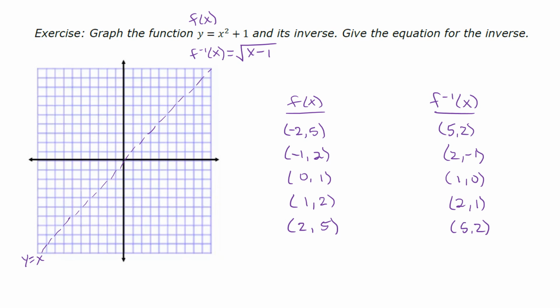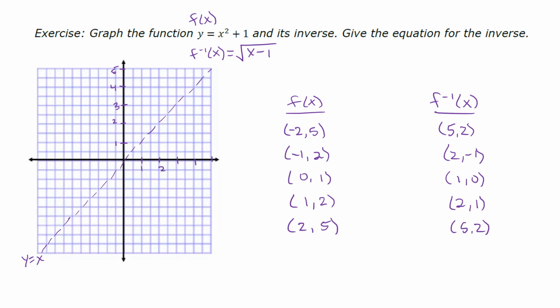I am going to label my axes so you know what I'm doing. I'm going to skip every 2. So this is going to be 1, 2, 3, 4, and 5. I'll do the same thing on the x-axis as well.